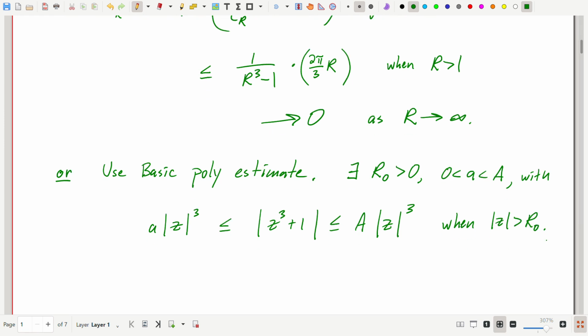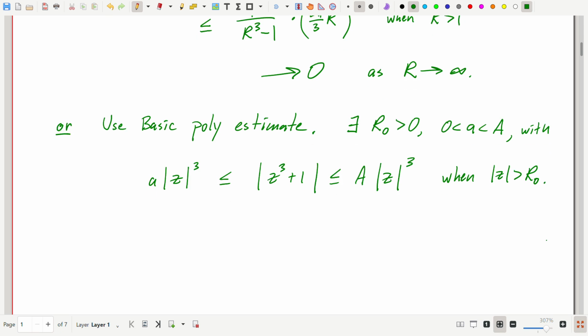And if you're going to have something in the denominator, you would want the denominator estimate. That's this one.